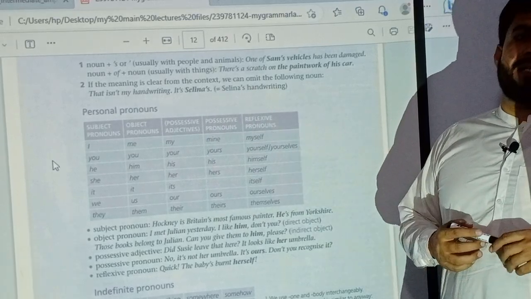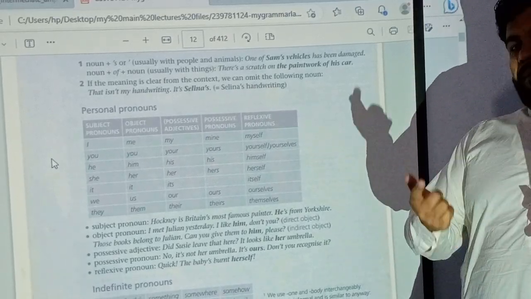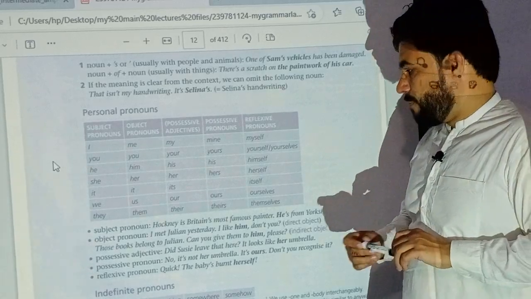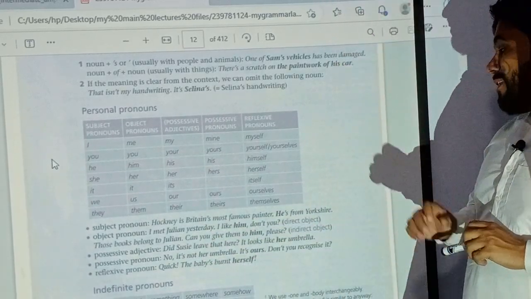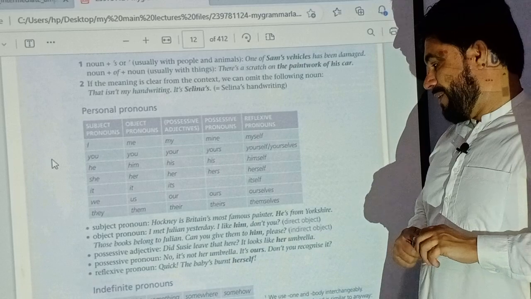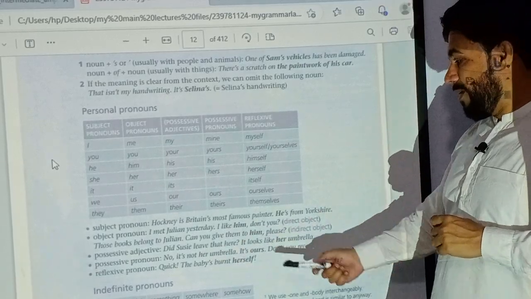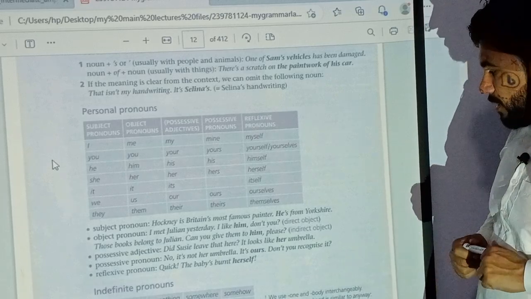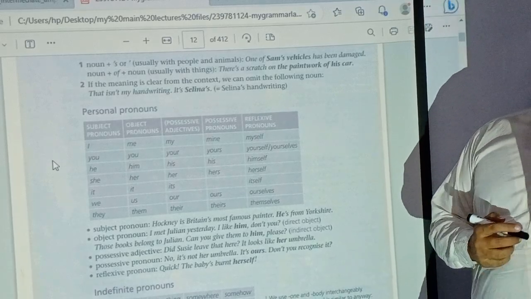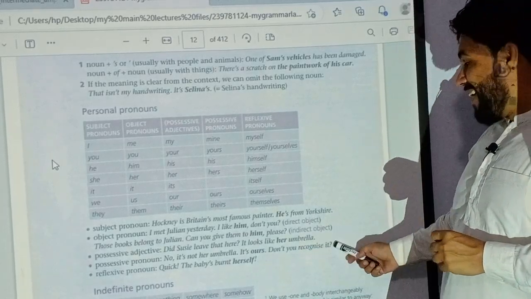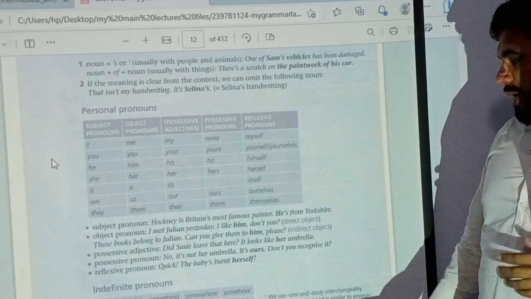As we say, a pronoun is used in place of a noun. So, no, it is not her umbrella, it is ours. You see here, her is a possessive adjective while ours is a possessive pronoun coming without a noun. Don't you recognize it?